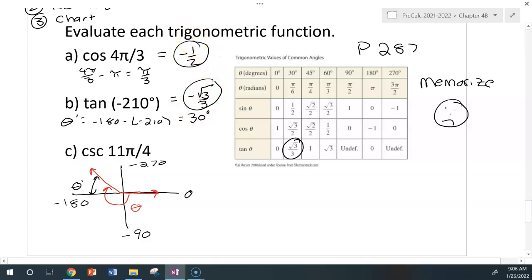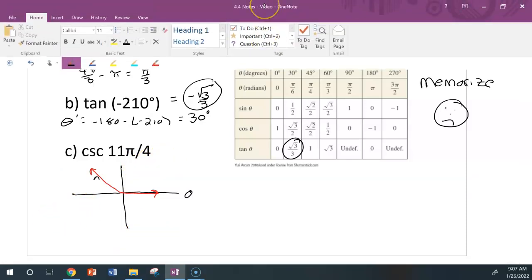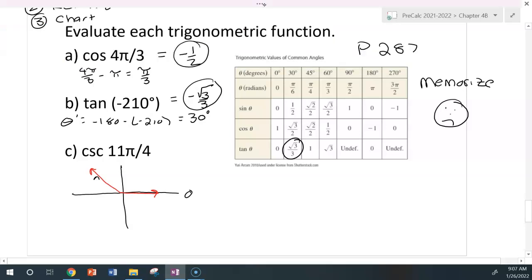Okay, last one is cosecant of 11 pi over 4. I'm going to reset my grid. So this is pi over 2, pi, 3 pi over 2.